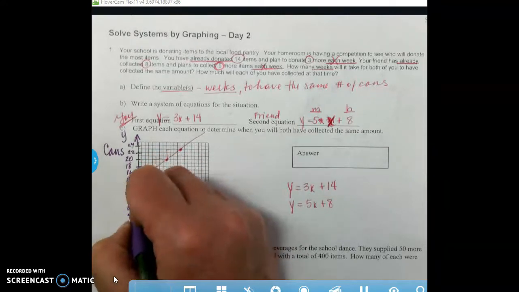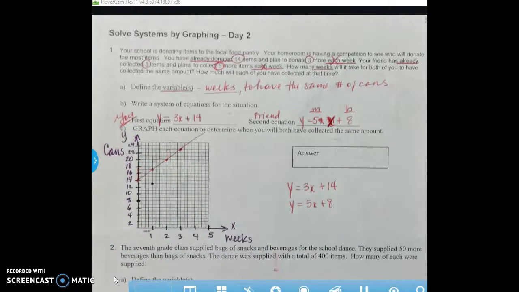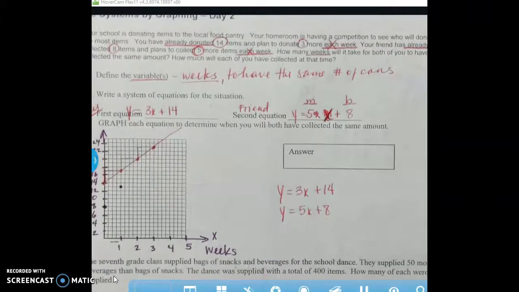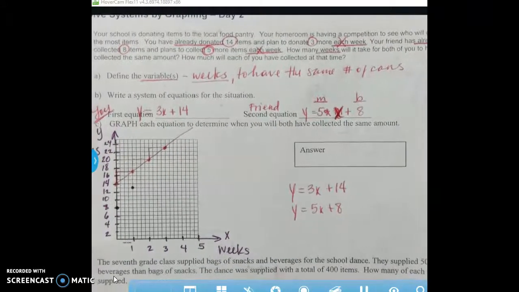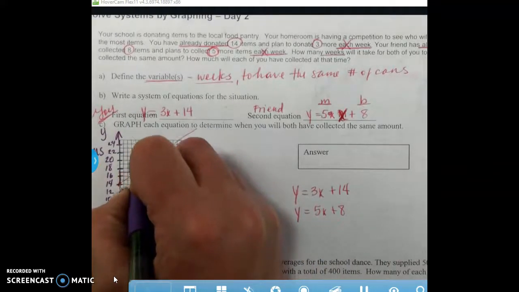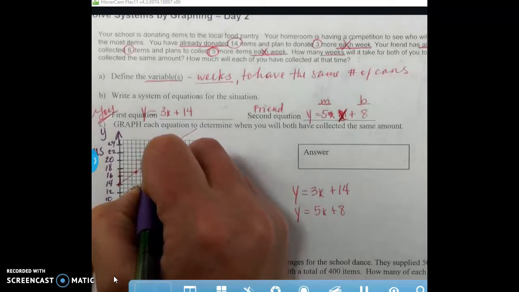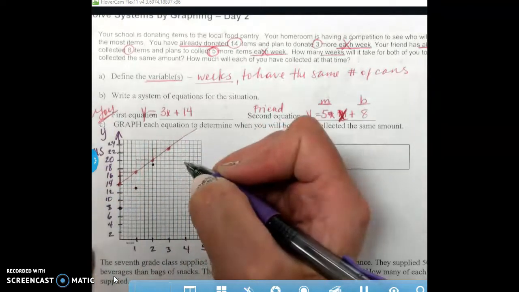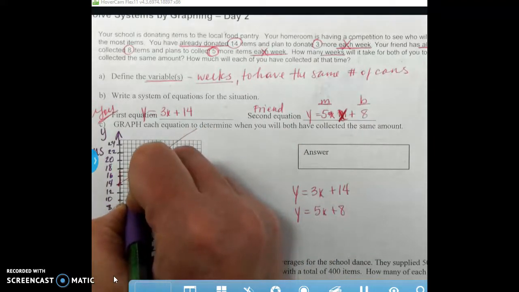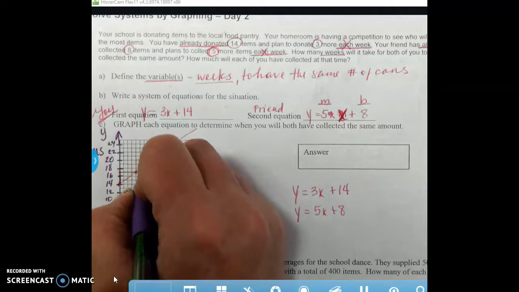This is week 1. Let me zoom in so you are seeing my work a little bit better. Doing this again, a rise of 5. Oh, close. Or did I go too far? Oh, I went too far, guys. 1, 2, 3, 4, and 5 would be right here.